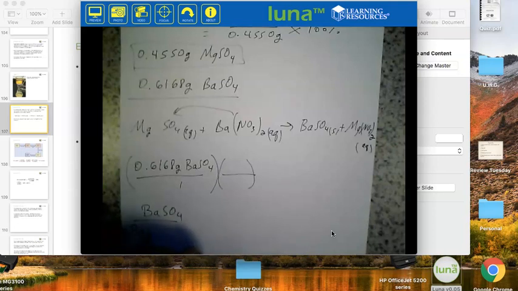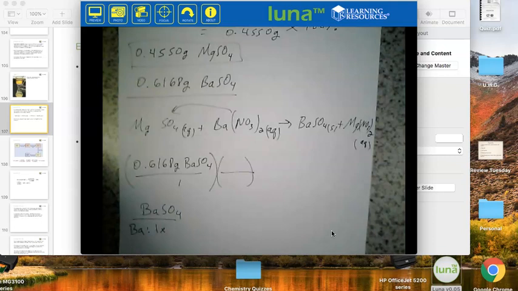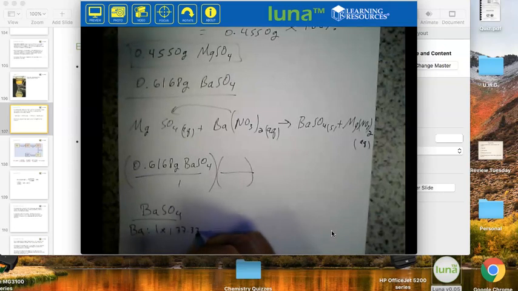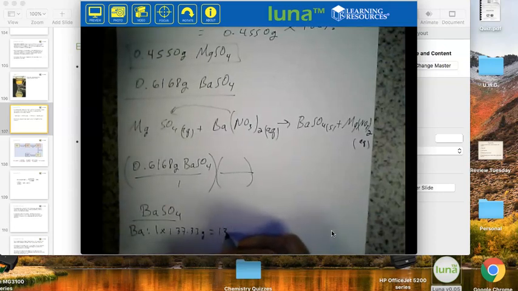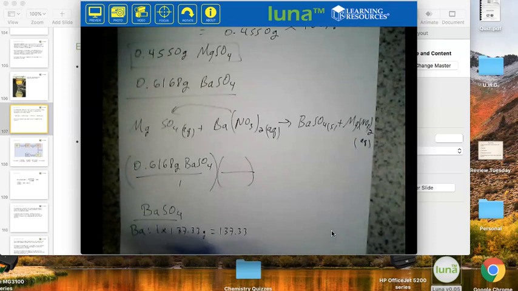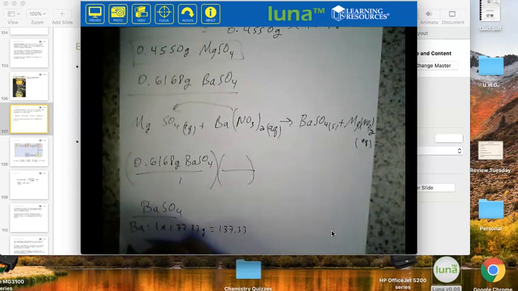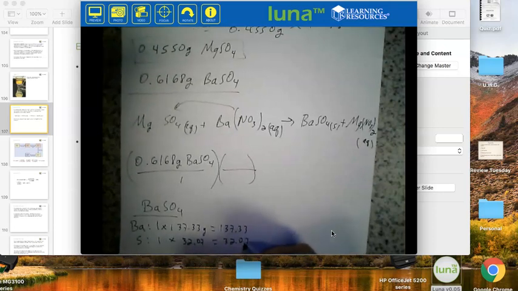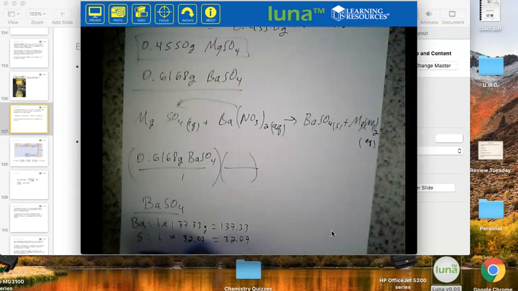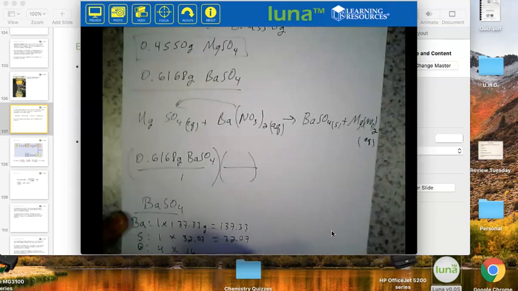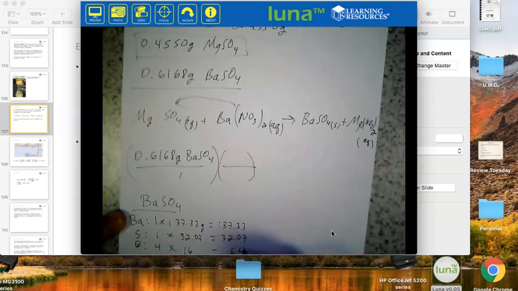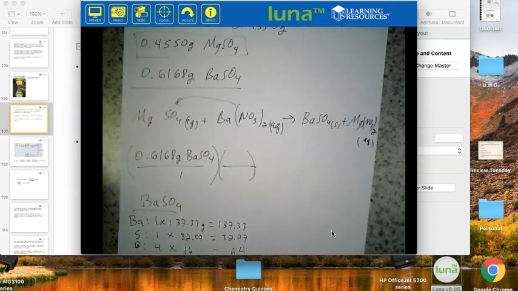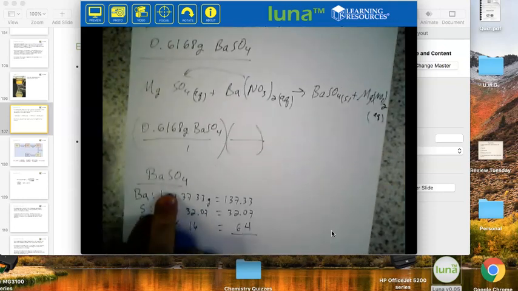Alright, so there's 1 atom of barium, and if I look at the average atomic mass, that is 137.33 grams. 137.33, and then for sulfur, it's 1 times 32.07, and then for oxygen, it's 4 times 16, which is 64. And then add these together to get the molar mass.